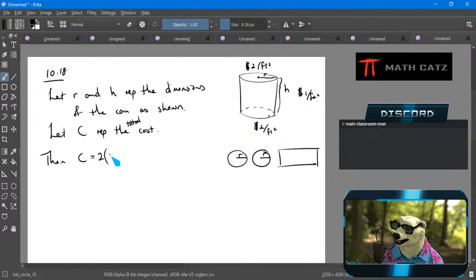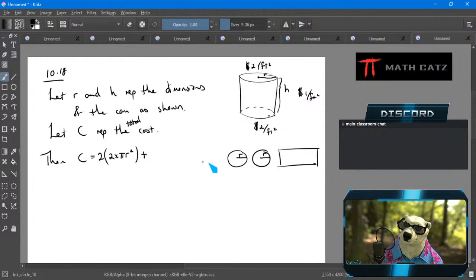And the cost of the circle is 2 times the area, $2 per unit area. So 2 times the area, and the area is pi r squared. So there's a couple of 2's floating around which could make things a little bit confusing. The area of a single circle, pi r squared, $2 per unit area, so multiplying those. Then I have 2 of the circles, top and bottom, so another 2.